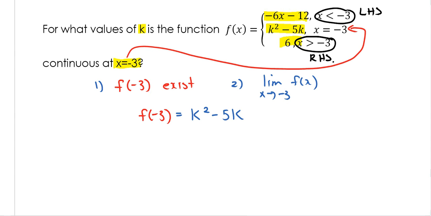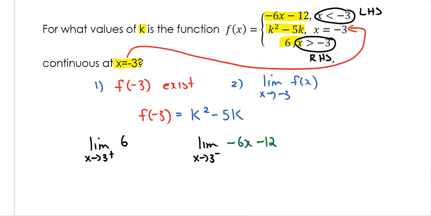Okay, so let's set up a limit statement for the left-hand side and the right-hand side now. So if I have the limit as x approaches -3 from the right-hand side, that's going to be 6. And if I have the limit as x approaches -3 from the left, that's going to be -6x minus 12.